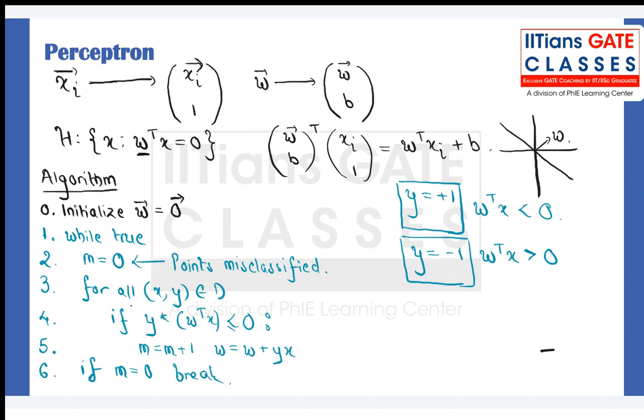Now see, suppose y is plus 1, and your W transpose X, the output from your model, is also greater than 0. So plus 1 and positive: positive times positive is positive.